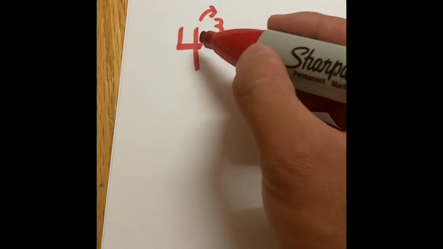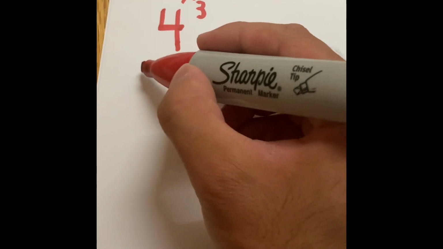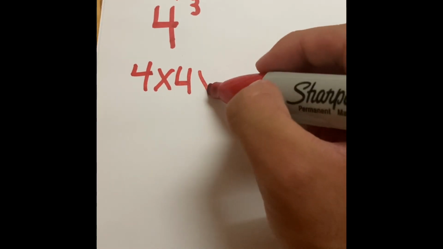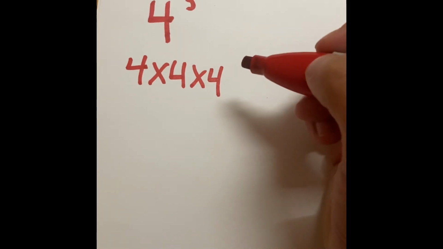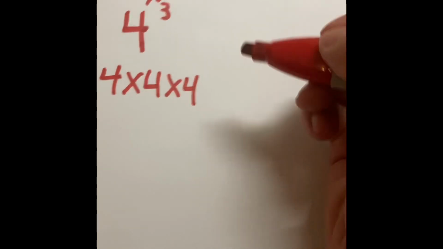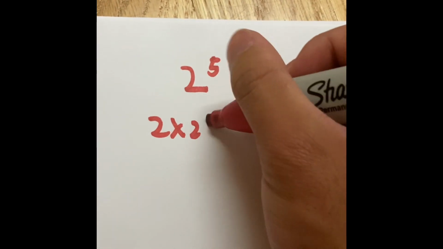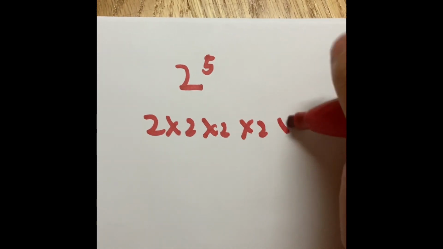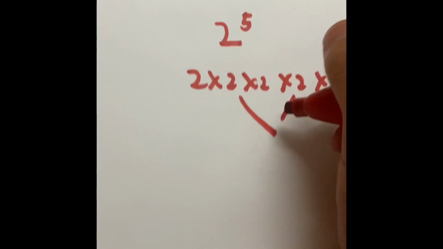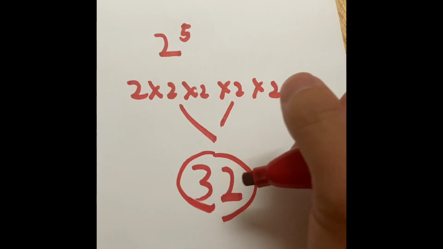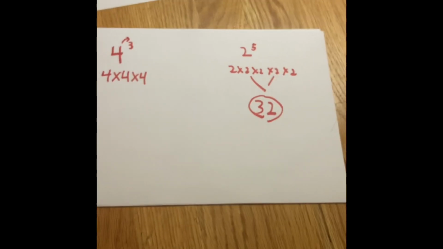Since we have a 4 and a 3 as an exponent, we would say we have to multiply 4 by itself 3 times. Sometimes we would also see ones that are a little bit bigger, like 2 to the 5th power. That's 2 times 2 times 2 times 2 times 2, and all that represents is going to equal 32. So that is the basics of exponents.